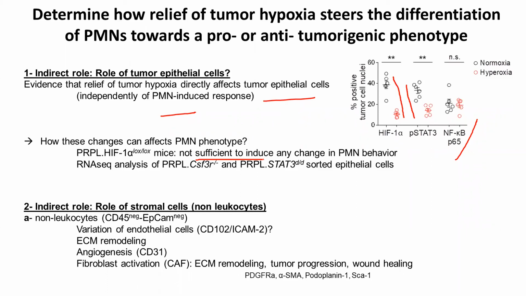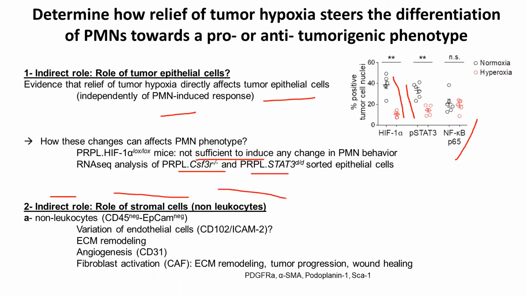We are now performing an RNA-seq analysis of sorted epithelial cells from purple CSF3 deficient mice to identify all the PMN-independent, hypoxia-dependent variations in epithelial cells, and the changes which are STAT3 dependent or independent upon relief of tumor hypoxia. Another possibility supporting an indirect role is a role for the stromal cells.